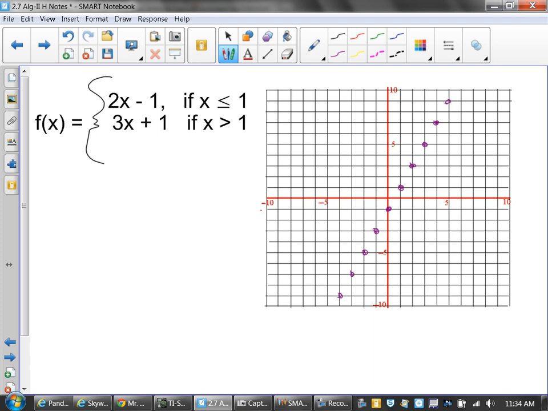I'm only worried about this graph when it's smaller than or equal to 1 for the domain. So I look at the value at 1. I already have a dot there, which is good. Does it stay solid, or do I make that an open dot? Stays solid. And I want values that are less than or equal to 1, so I'm going to the left.